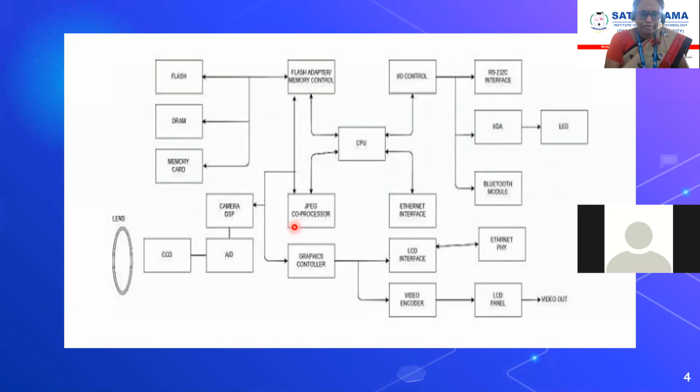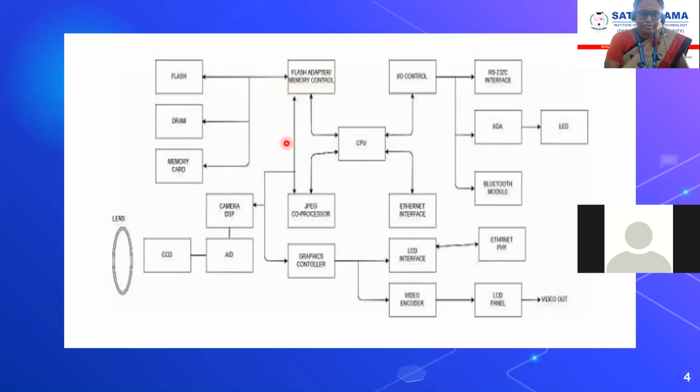Lens means we adjust and modify the lens. CCD means charge coupled devices. There are the charges; it is the analog value, converted to digital form. The focused object is brought to the CCD, then the DSP. The camera DSP processor handles the image taken by the CCD camera, after which it is converted to digital form.